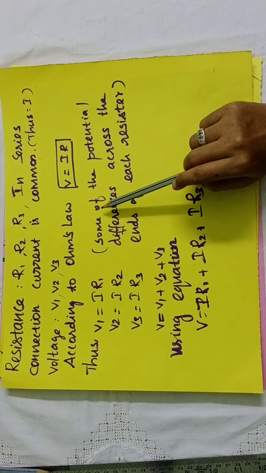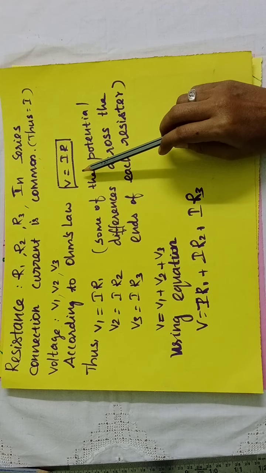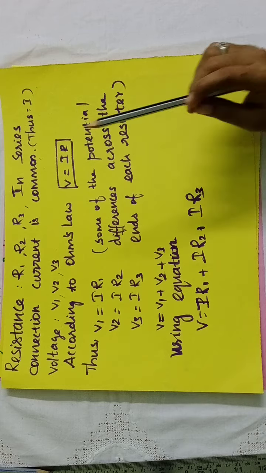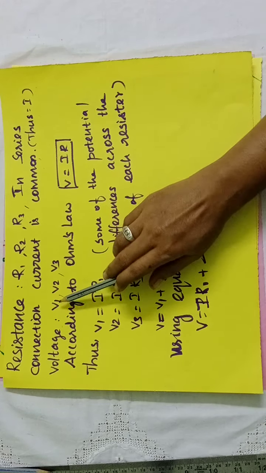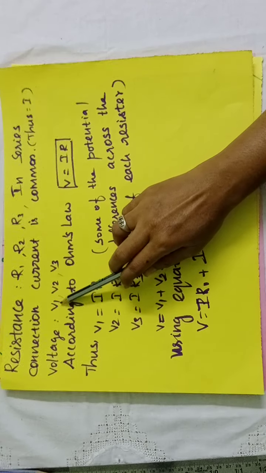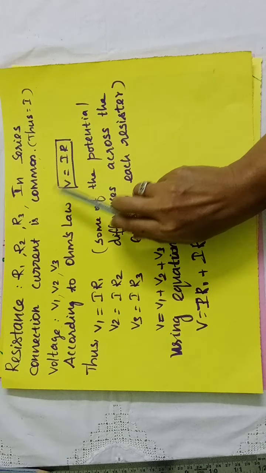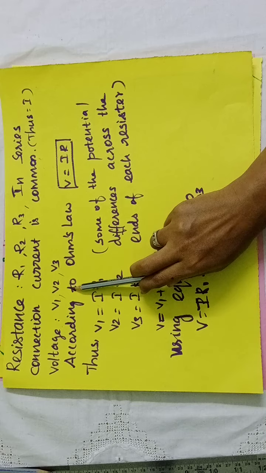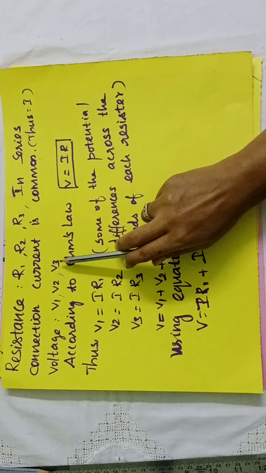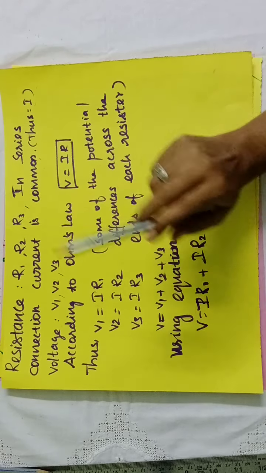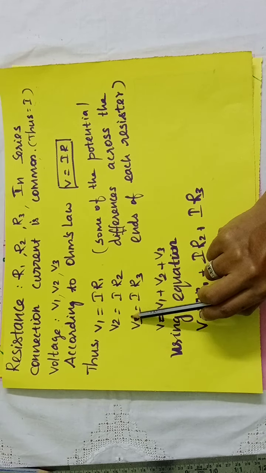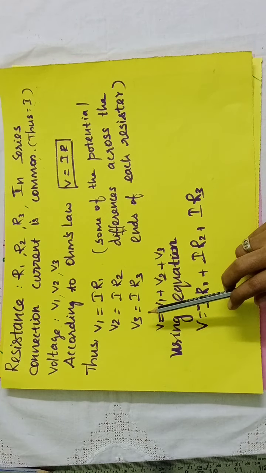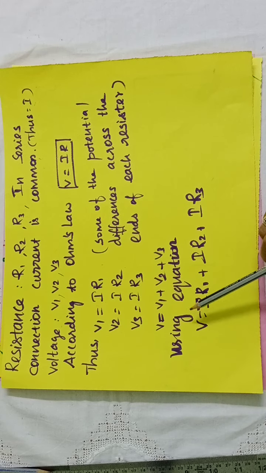According to Ohm's law, V is equal to IR. Thus V1 is equal to IR1, V2 is equal to IR2, V3 is equal to IR3.